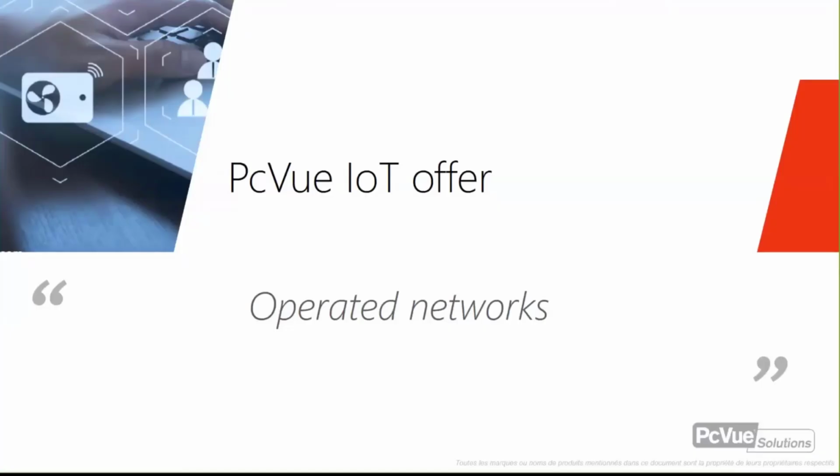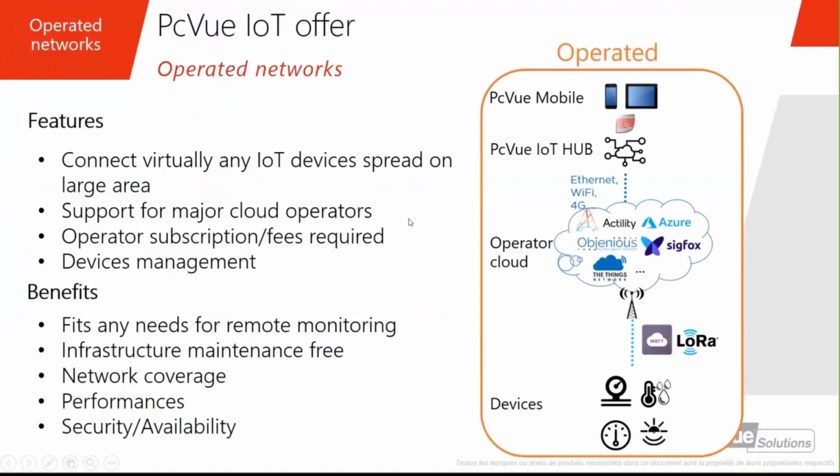We want to focus now on operated networks. We also have the possibility to connect operated networks and then to connect any kind of IoT device through an operator cloud. So this could be any of the major cloud operators we support.